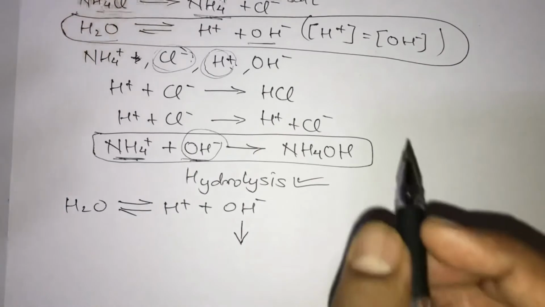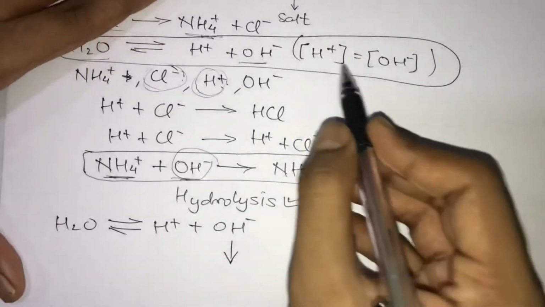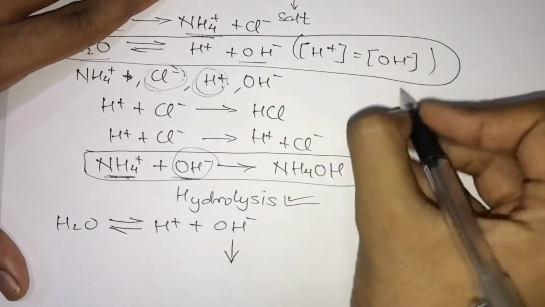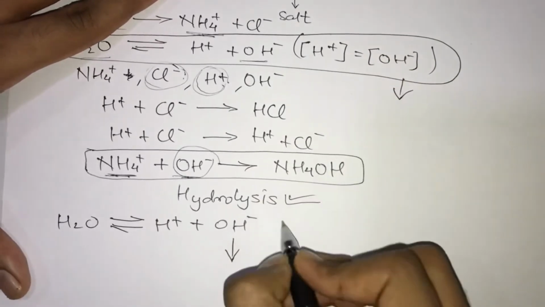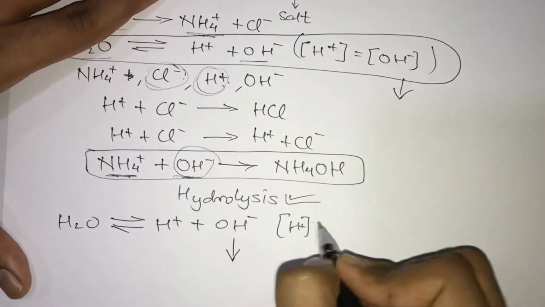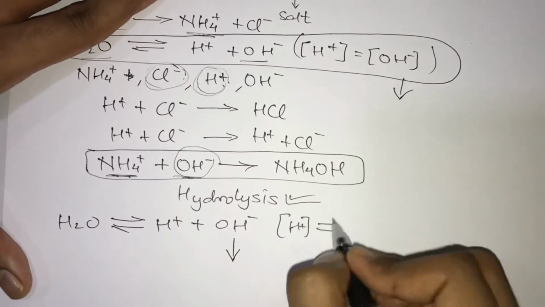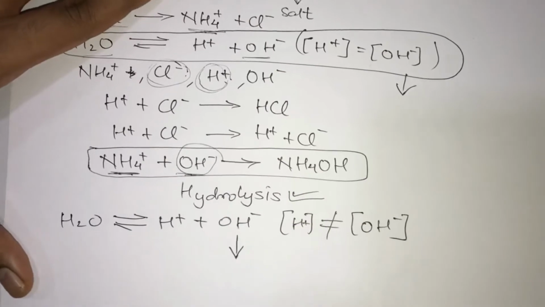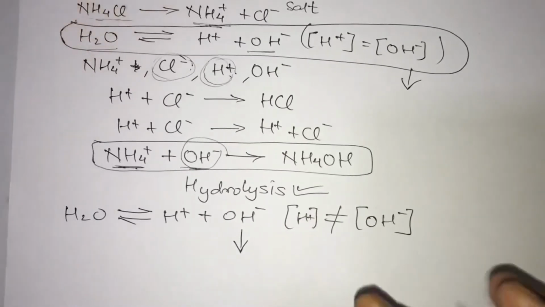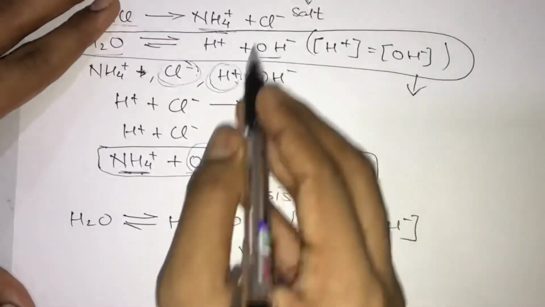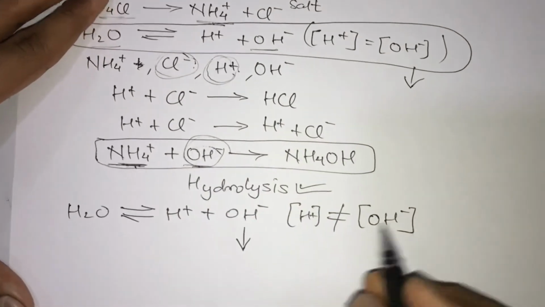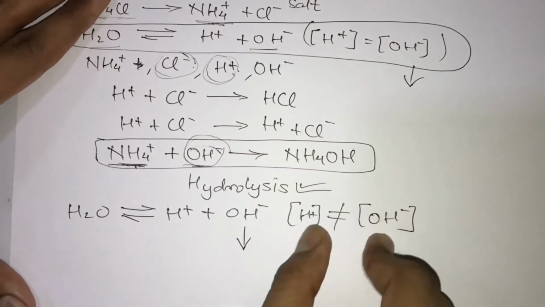And if the concentration of OH- is decreasing, then the molar concentration of H+ ions will not be equal to the molar concentration of OH- ions. Why? Because these OH- have decreased, consumed by NH4+.